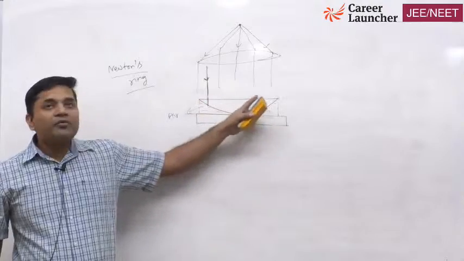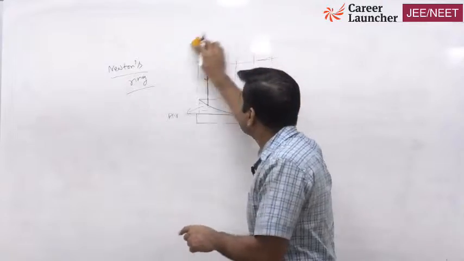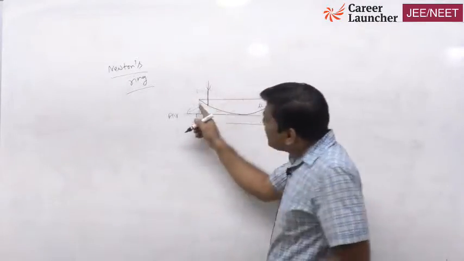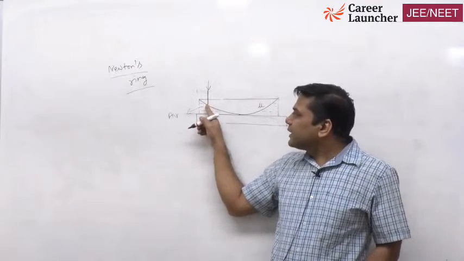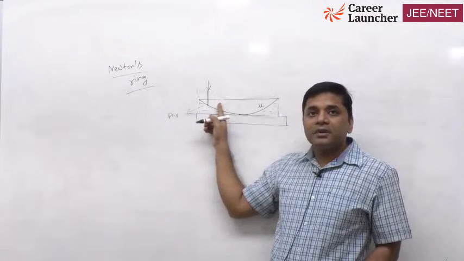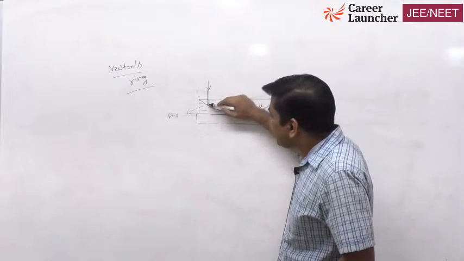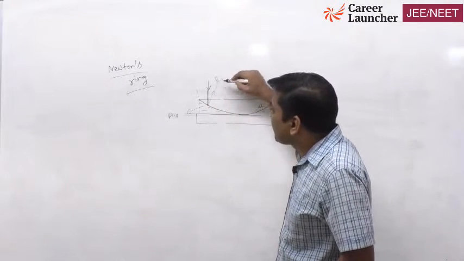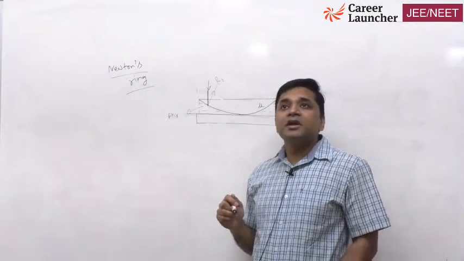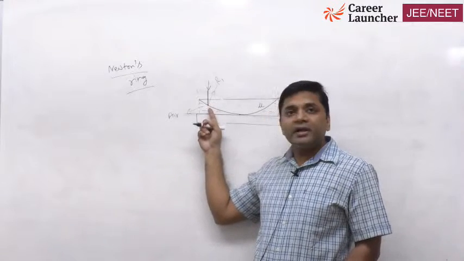Since it is a plano-convex lens, it's a normal incidence there. In this case, it will meet first a boundary over here. You can see that this is a glass-air boundary. If the ray is reflected from here, say R1, then phase inversion will not take place, because the ray is going from a denser medium to a rarer medium.